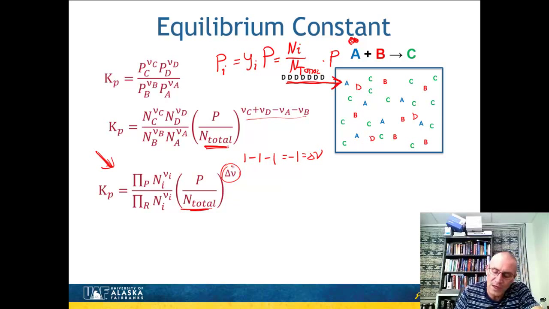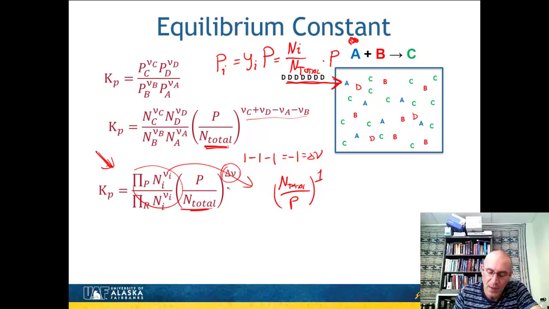So this coefficient is going to be minus 1. That would be the same as saying N total over P to the 1 pressure. And then I have all these terms right over here being multiplied by that. Now, that means that if N total is going up, that term's going up, this term right over here has to go down, right?